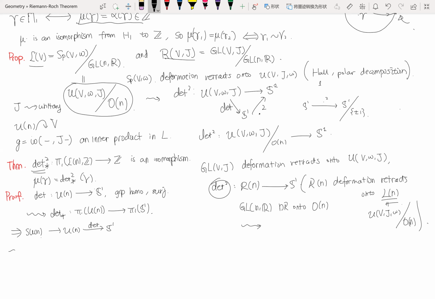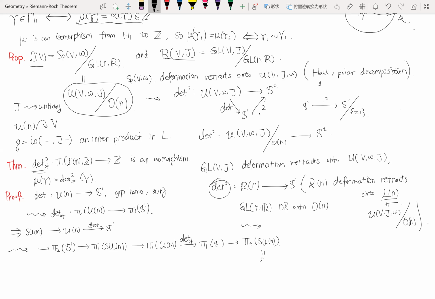So we obtain the long exact sequence on homotopy groups, that is pi 2 of S1 to pi 1 of SU(n) to pi 1 of U(n), with determinant star to pi 1 of S1 and to pi 0 of SU(n).